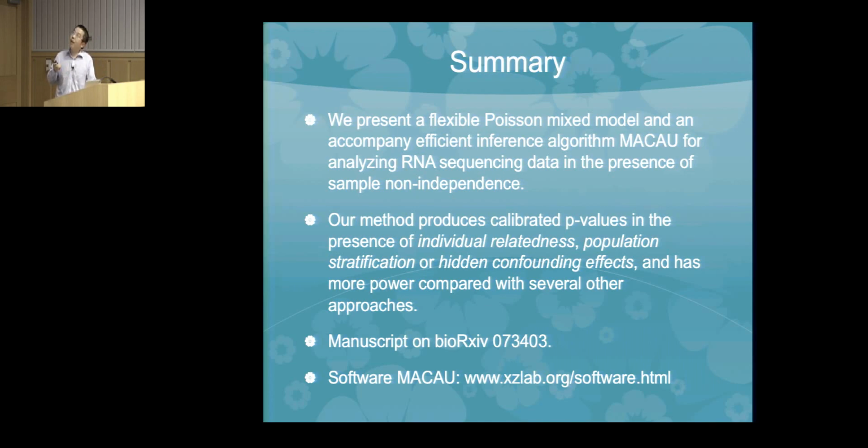It can come from individual relatedness, from population stratification or structure, or from hidden confounding effects in your RNA sequencing data. And by controlling for sample non-independence, you can get more power, and you can also get proper control of type 1 error.